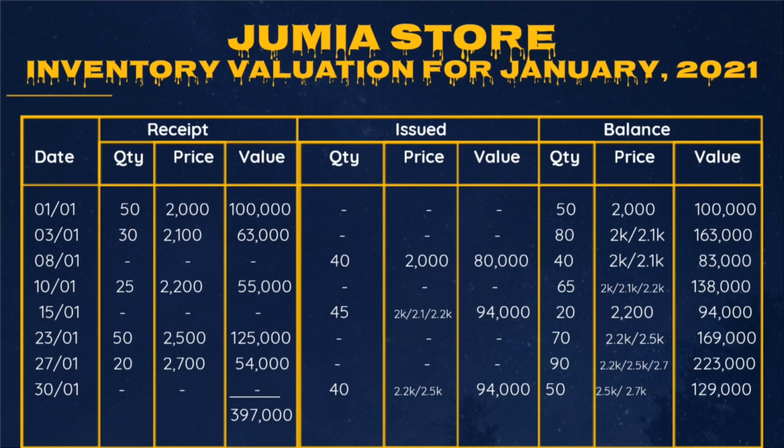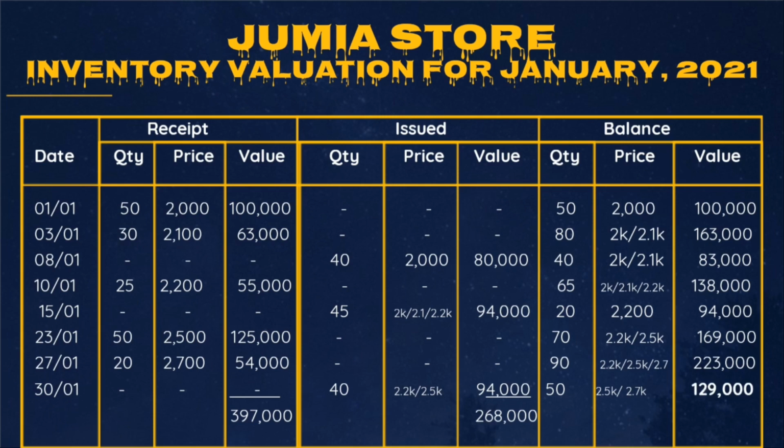If we add the values under the issue side, let's close the account. 80,000 plus 94,000 plus 94,000, that is 268,000. That gives us the total amount of issues supplied or sales for the month of January. While under the balance, we have 129,000 naira as the closing balance.